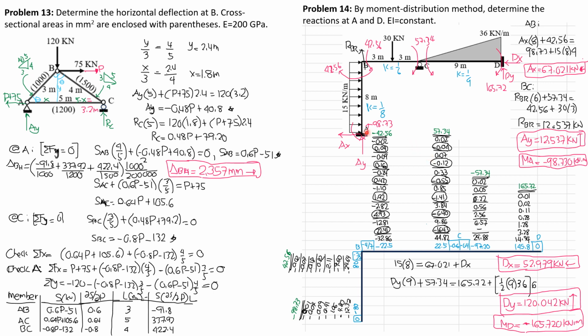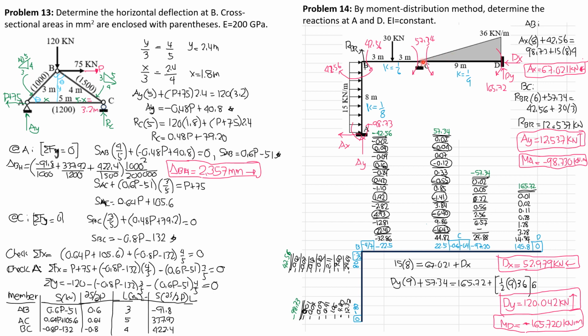Next, we compute fixed moment at A, AB, left A, so negative W, negative 15, L square, 8 square over 12, so negative 80. So it is positive 80 on the other end by symmetry. For BC, symmetrical also, negative at B, negative 30 times 3 square over 6 square, so negative 22.5 at C, positive 22.5.